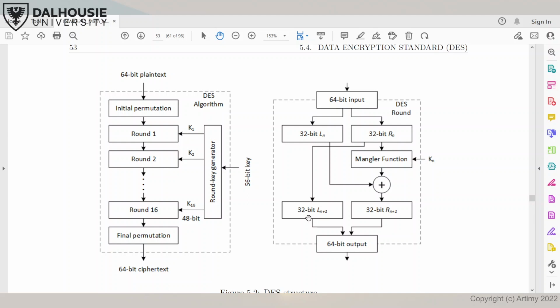You can see here that each round will have an output. The left 32-bit here, Ln plus 1, comes straight from the right input, while the right output comes as an XOR of the left plus whatever comes from the Mangler function. And that repeats and repeats and repeats for 16 rounds.